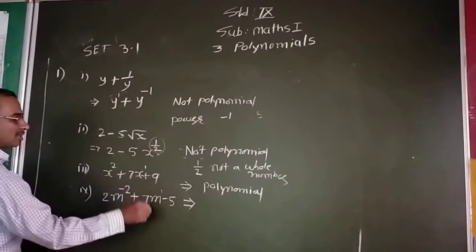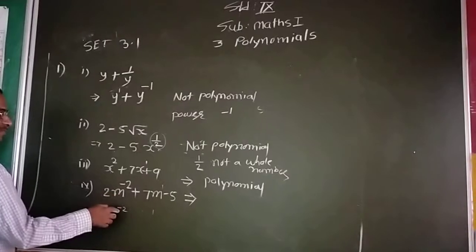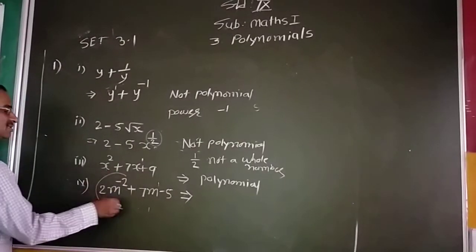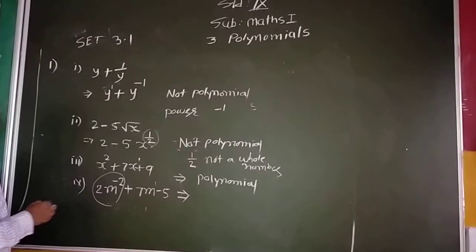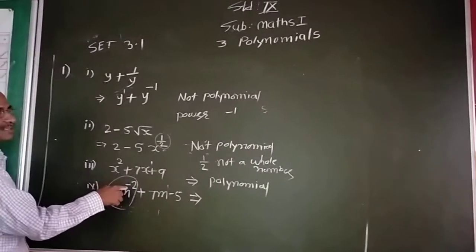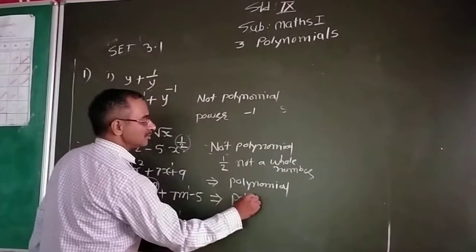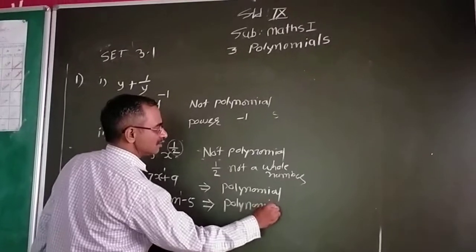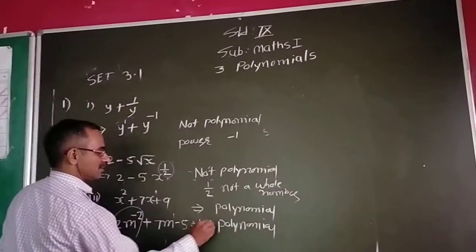The other term has no written power, meaning 1. According to the definition, only whole numbers, 0 and positive numbers are allowed. A negative power is not included in the definition of a polynomial, so it is not a polynomial.